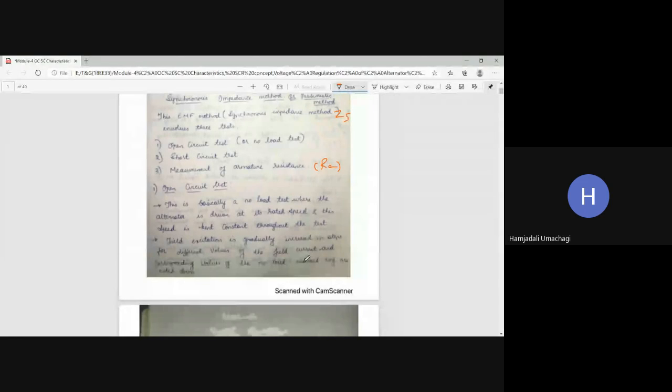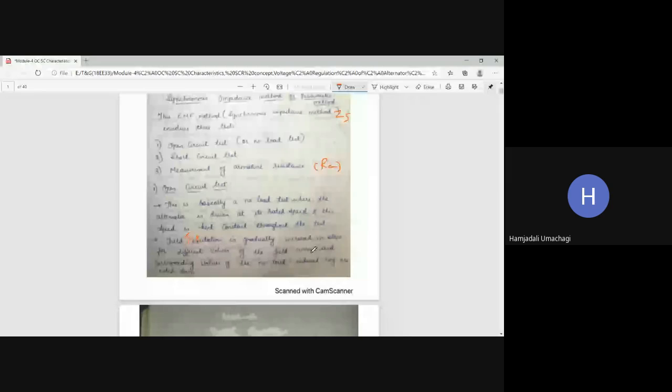Then the second step is field excitation. What do you mean by field excitation here? Field excitation means field current, that is IF. Field excitation IF is gradually increased in steps for different values of the field current. So we keep on changing the field excitation value, or field current.